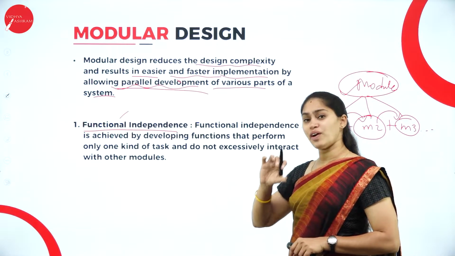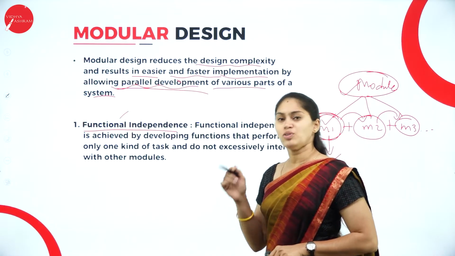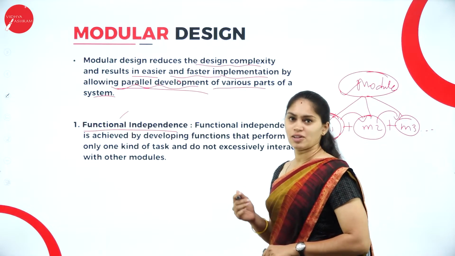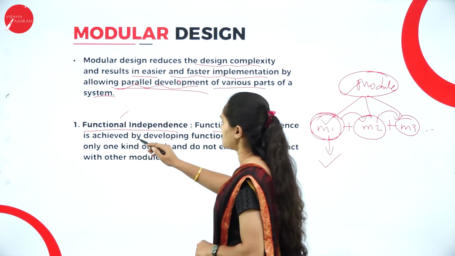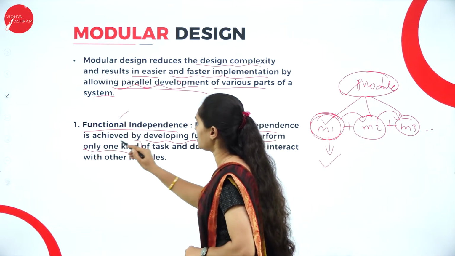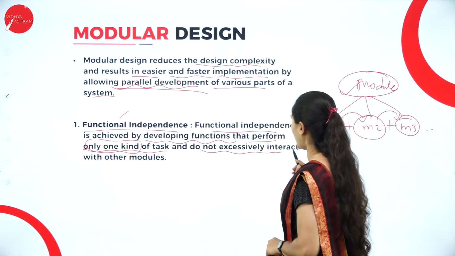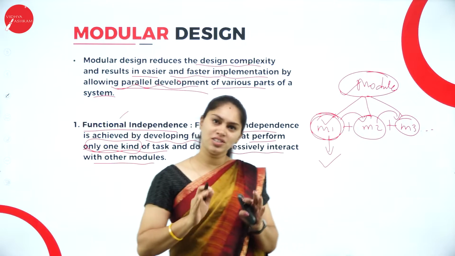So when we have this functional independence, it is not depending on any other function. It is going to have its own purpose, and it is going to do its own task. That functional independence is achieved by developing functions that perform only one kind of task and do not excessively interact with other modules. So this is, just do your work.